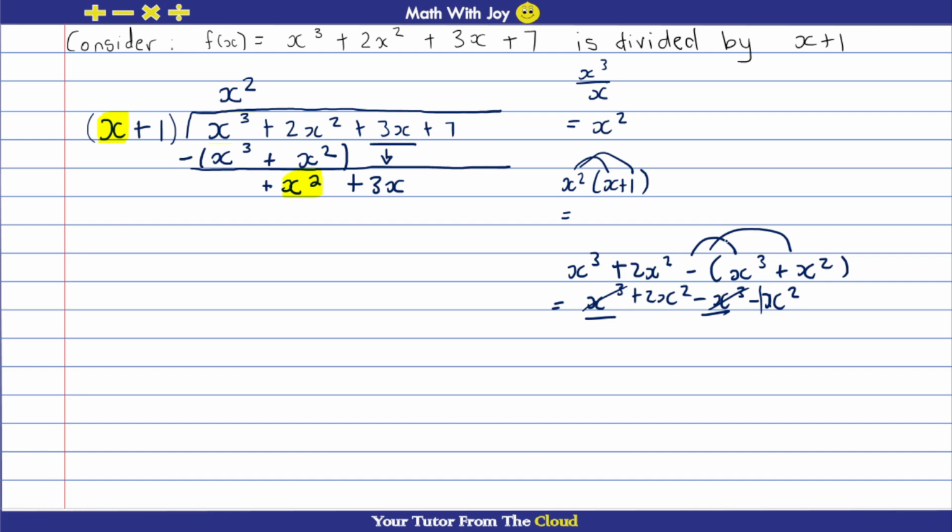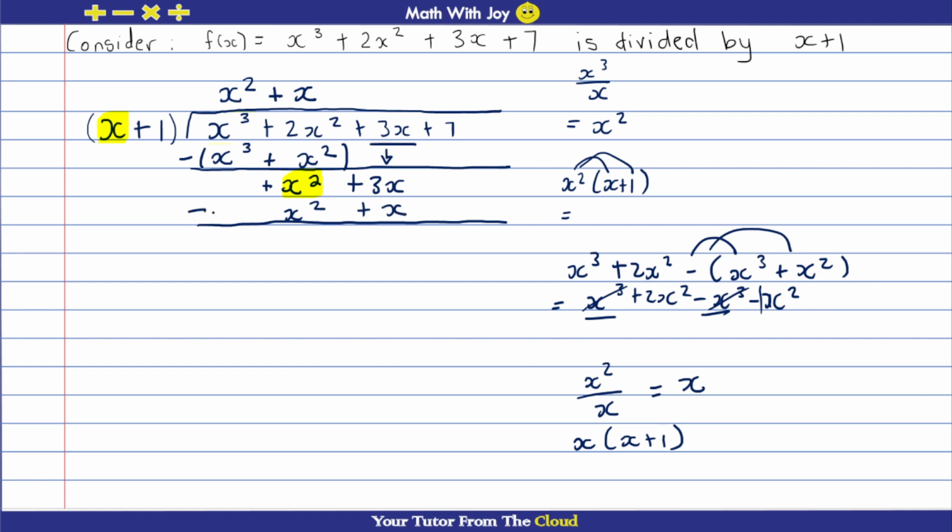So x to the power of 2 divided by x is going to give us x. So we have positive x there at the top. That positive x has to multiply this bracket at the front. By now we should be able to do this cleanly. That yields an x squared and a positive x. And we have to subtract.